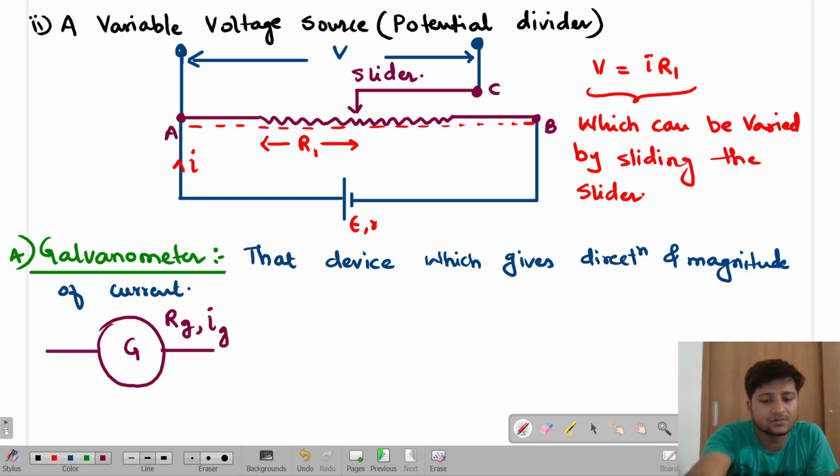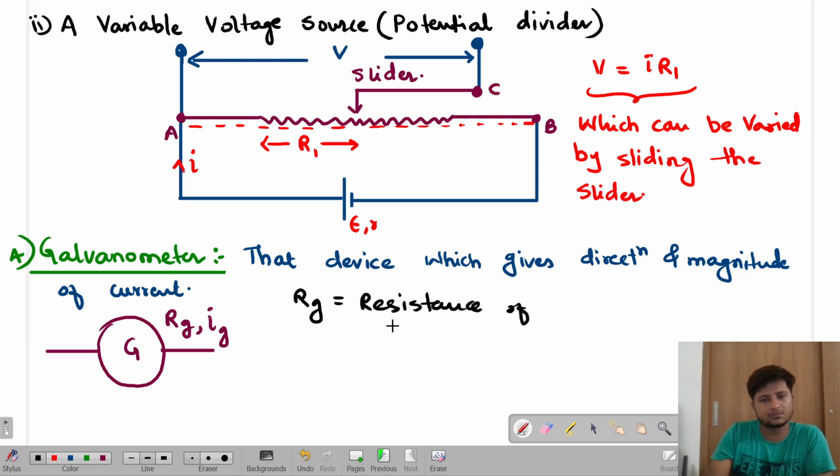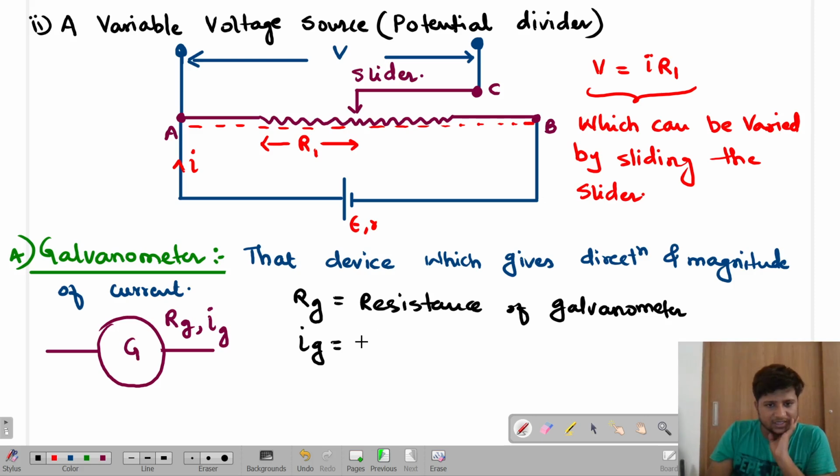Let us consider some value. Generally it is there, but let us consider. So Rg is my resistance of the galvanometer, and then Ig is my full scale current.